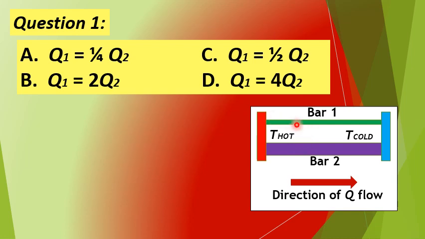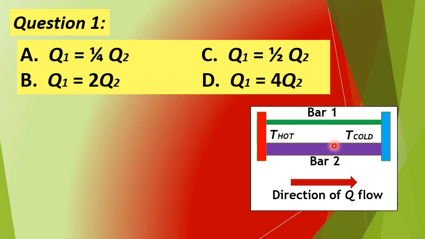So that means the two bars are not made of the same material. Aside from the length and the temperature of the hot ends and the colder ends of the two bars, which are assumed to be the same or constant, we have three variables, the length, the delta T, and the time small t, held constant.